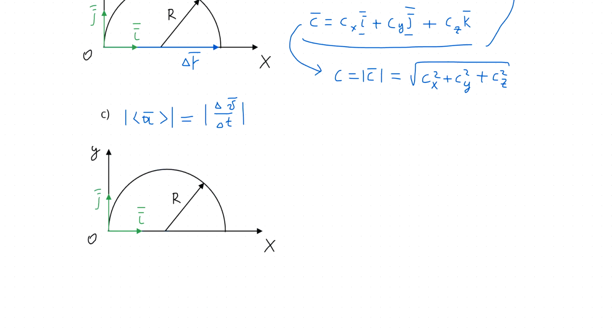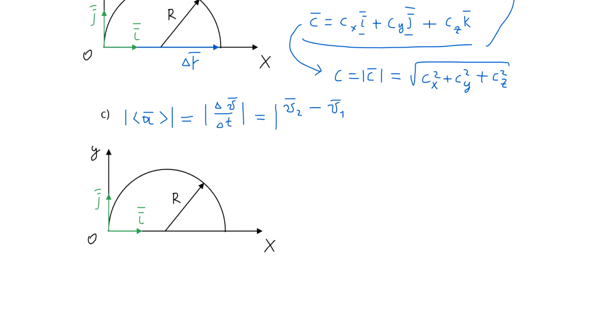Oh, this is good. And we can say that delta v is a change of vector of velocity. So it is equal to some final value minus initial value.